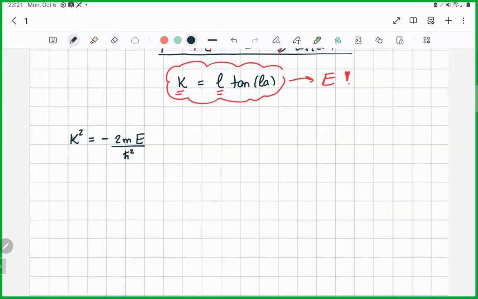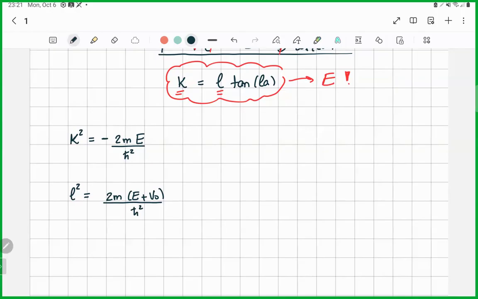So you see, that's why I said kappa is energy. Everything else is just constants. And what was L? Let me also write L squared. L squared did not involve the minus sign, but it was 2m times E plus V naught over h bar squared. So you see, they also have something similar.